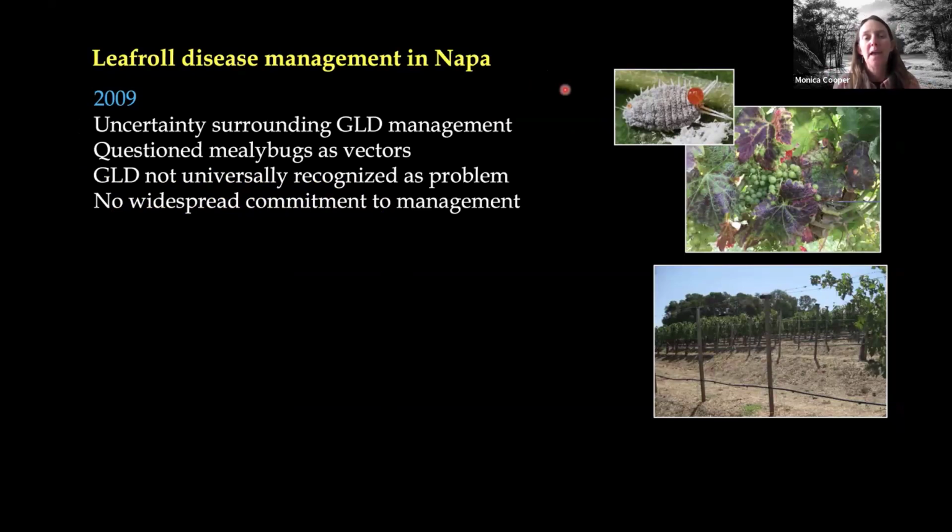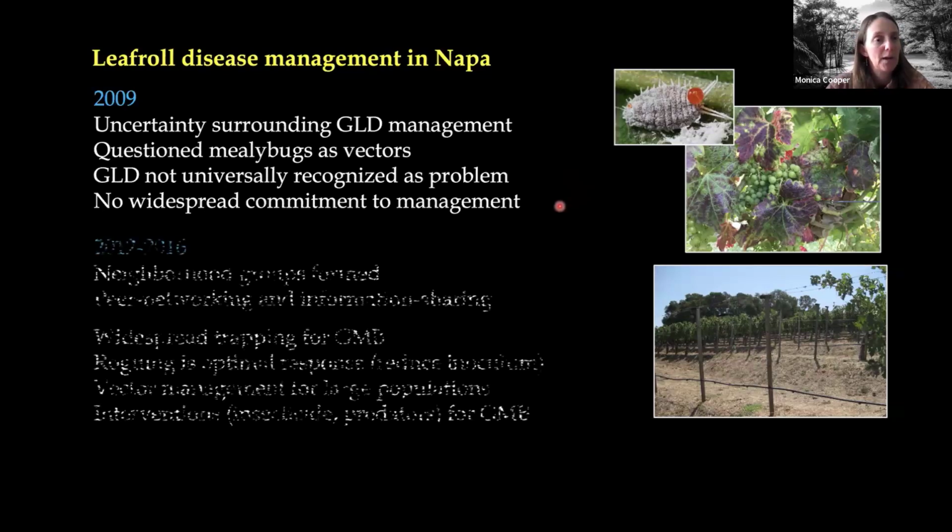And so that uncertainty just made management more complicated. The other thing that was a problem at that time is that leaf roll was not universally recognized as a problem. So some people were saying it was fine, it wasn't a big deal, it may be an asset to wine quality, which is not true. And there was no sort of widespread commitment to management.